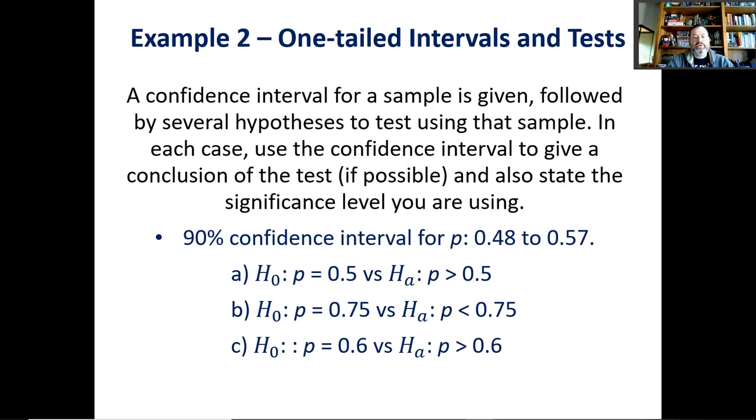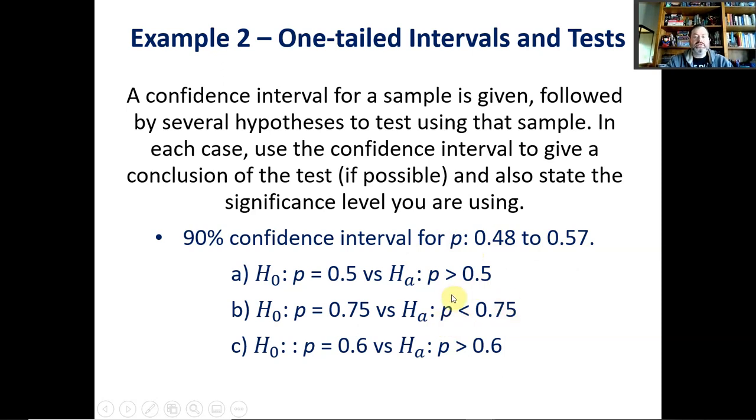Let's look at B. p equals 0.75, and the alternative is p is less than 0.75. So 0.75 is not in the interval, but that's not enough. We have to check that every value in the interval supports the alternative hypothesis. So is every number in this interval less than 0.75? It is.